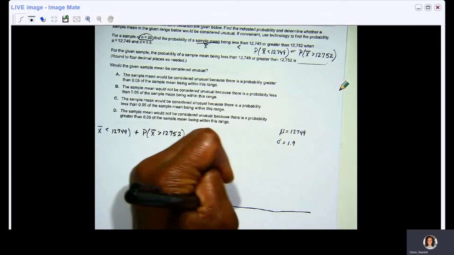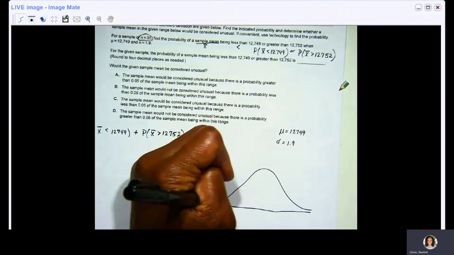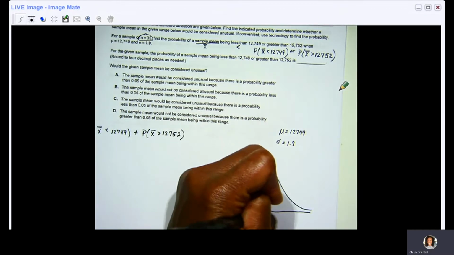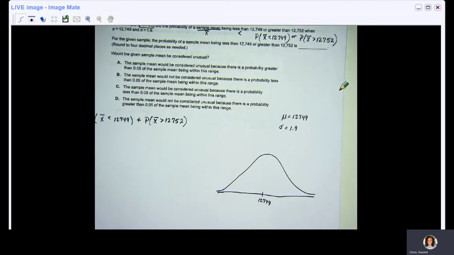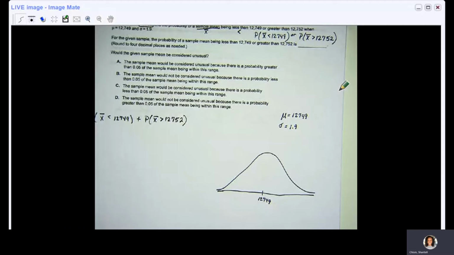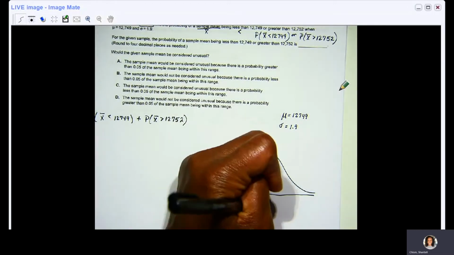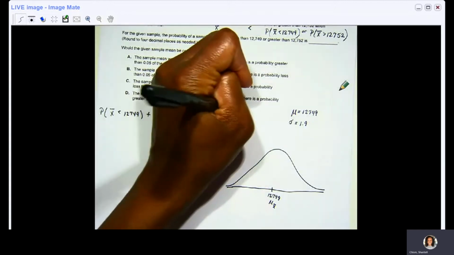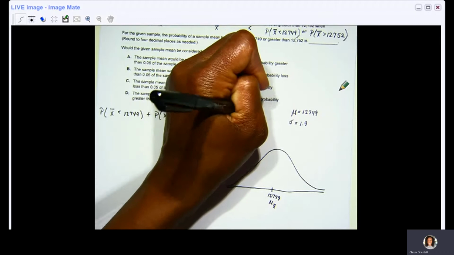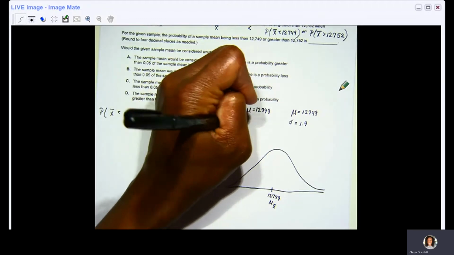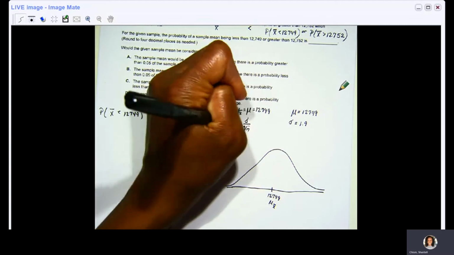So I'm going to draw my picture. My mean is 12,749. Okay, 12,749. And let me go ahead and put that as mu sub x, okay? Because remember, we have to calculate mu sub x, and it is the same as mu, which is 12,749. And we also have to calculate sigma sub x, which is our sigma divided by the square root of n.